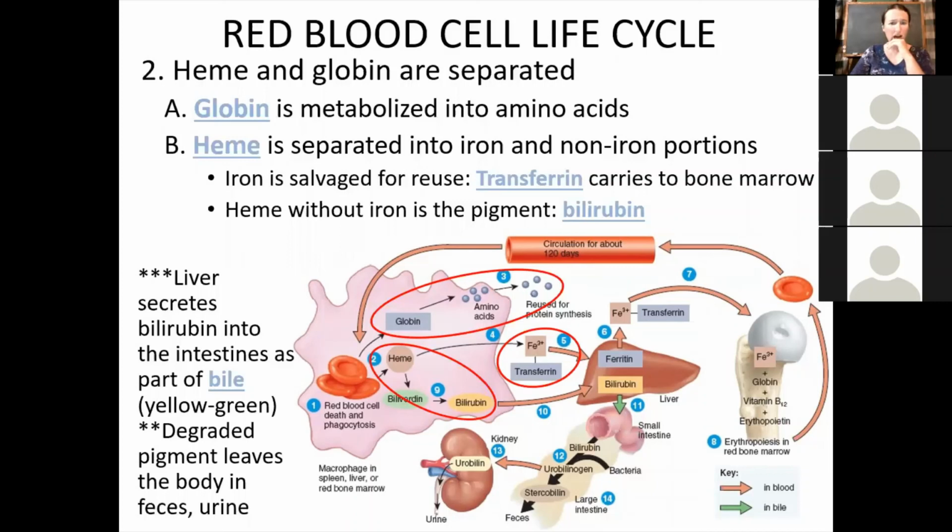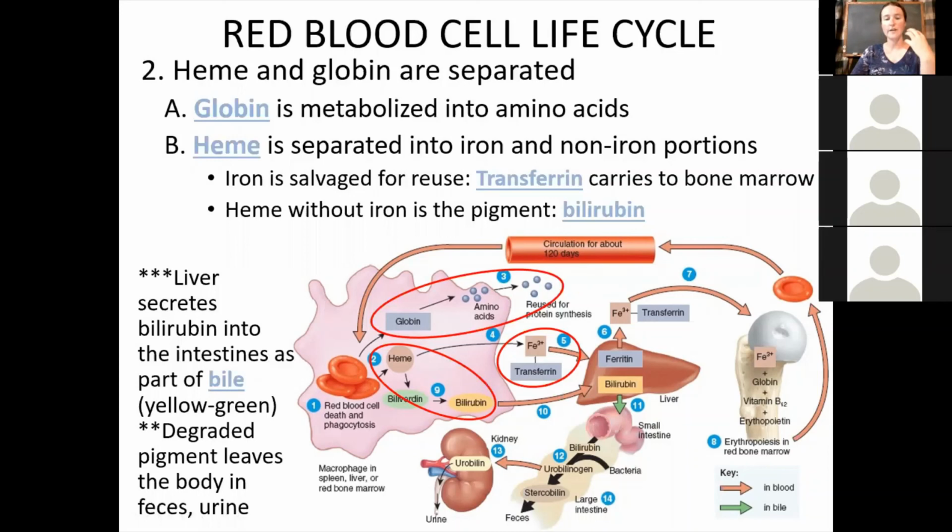Bile itself and the bilirubin component has this yellowish pigment, and so this is actually what makes the feces, for a large part, brown. So the yellowish tint to feces is due to bilirubin.